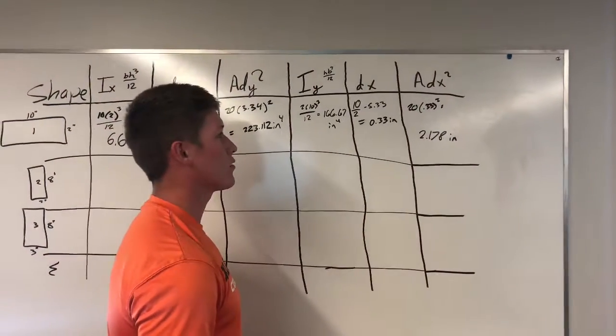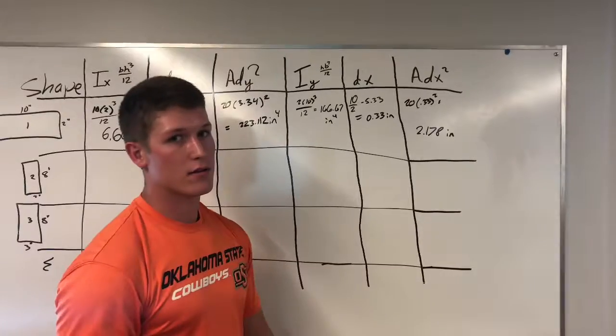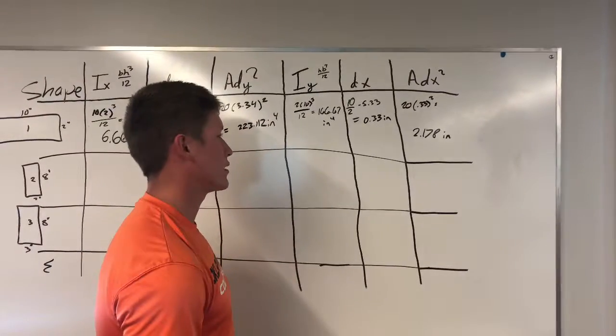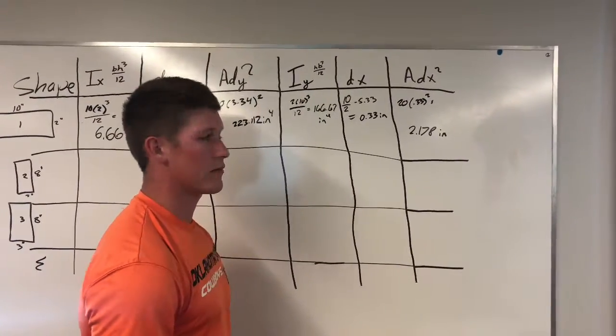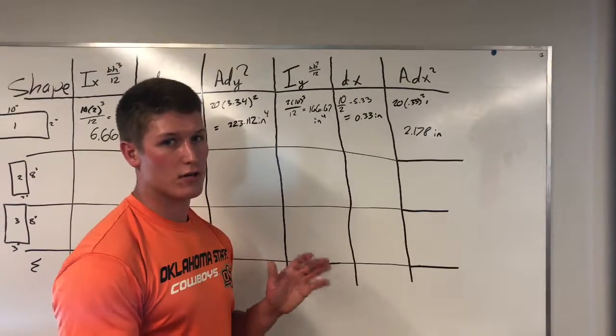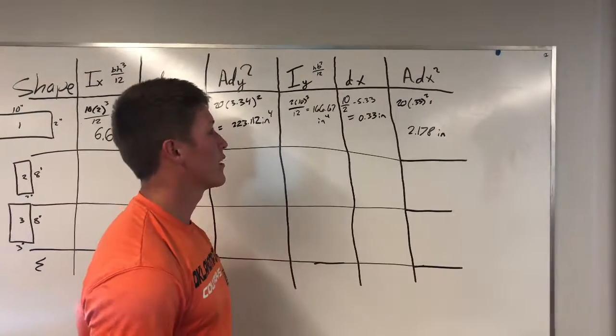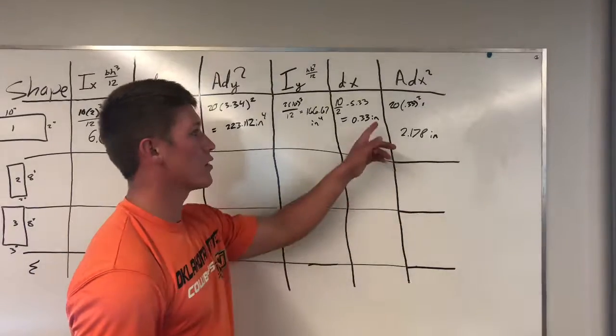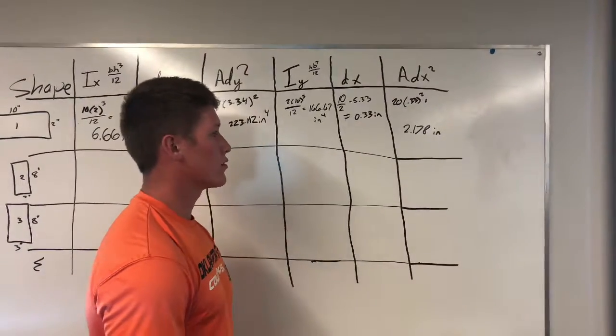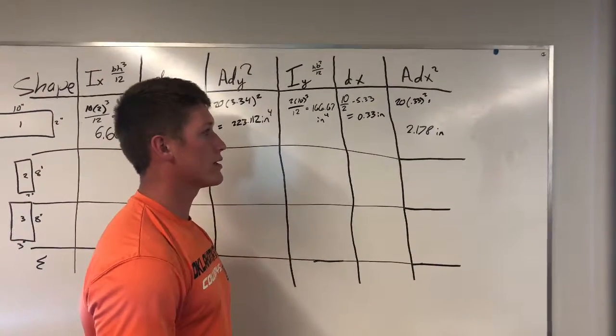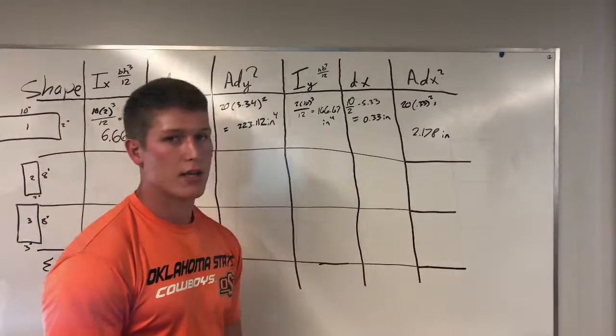So we're going to take 10 over 2 minus the actual centroid, which gives us 0.33 inches. And that's how far this shape's centroid is away from the actual. And then finally, we're going to do 20 times 0.33 squared, giving us 2.178 inches for Adx.